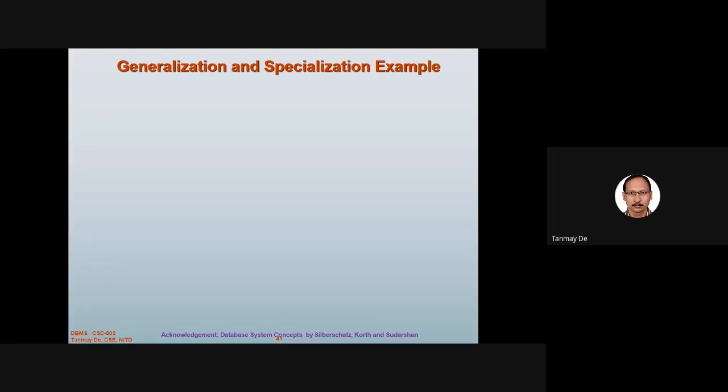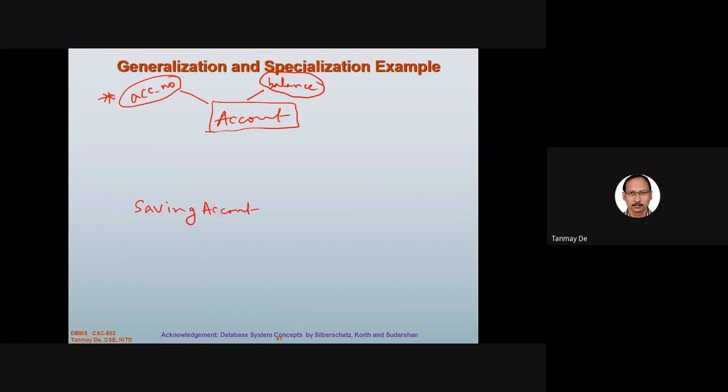I can show only one example at least for this discussion, whatever I told you, the account. Account is one of the entities, and it has two descriptive attributes: account number, which is the primary key, and balance. Another is savings account and checking account, or maybe the current account.